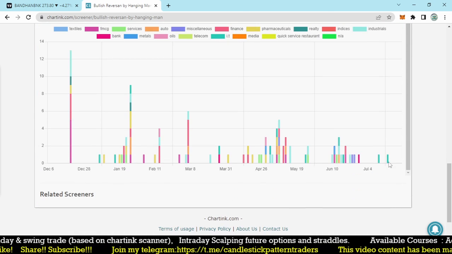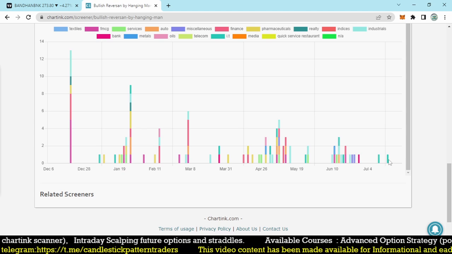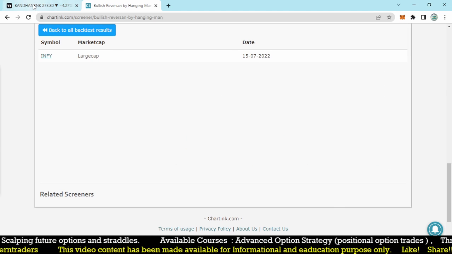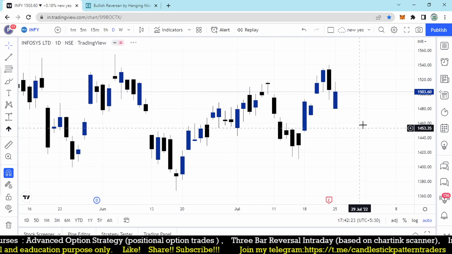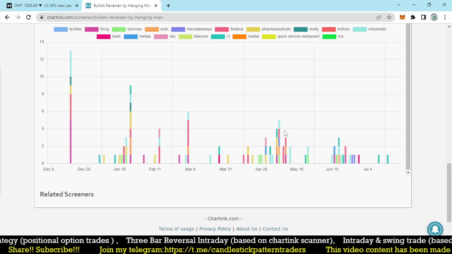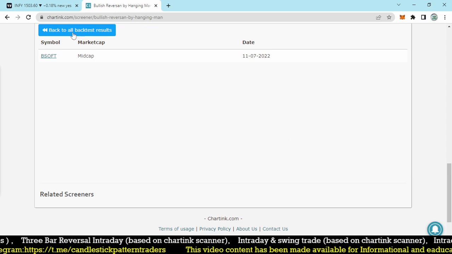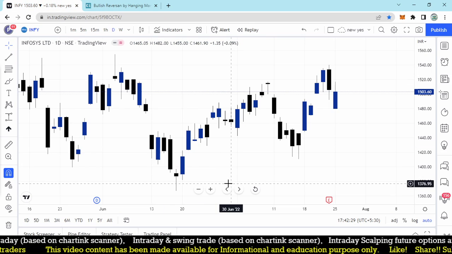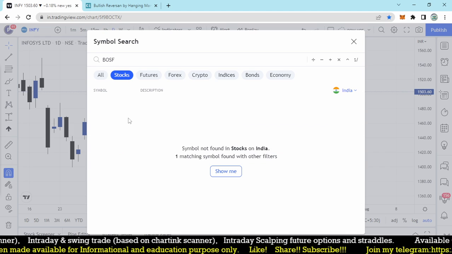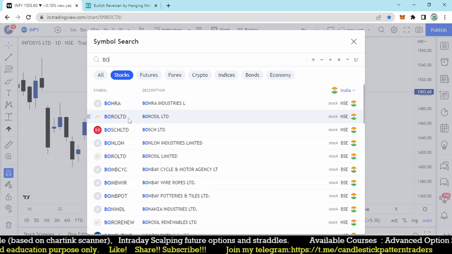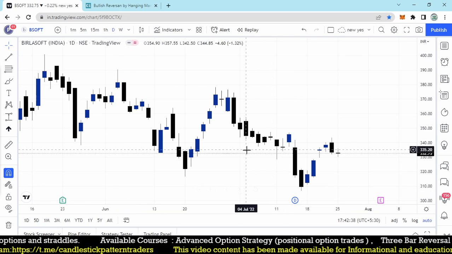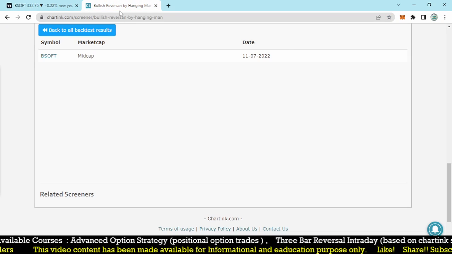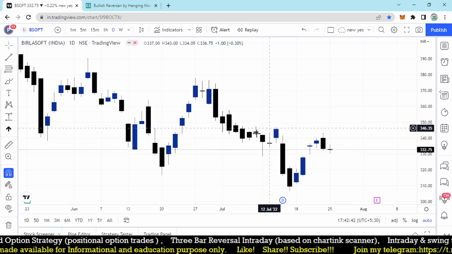We got a lot of stocks here recently. We found a stock on 15th July. It's Infosys. You already saw Infosys, that was working good and well. And what was the previous one? So this filter, BSoft, that is also working well. The day where it is happening, on 11/7.